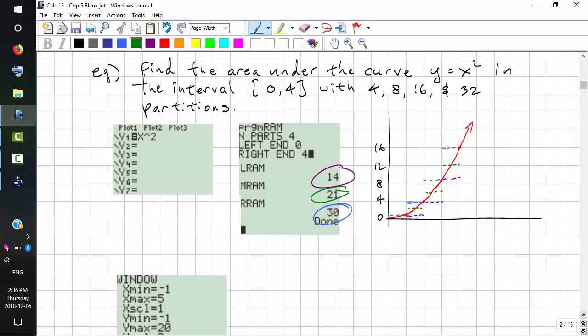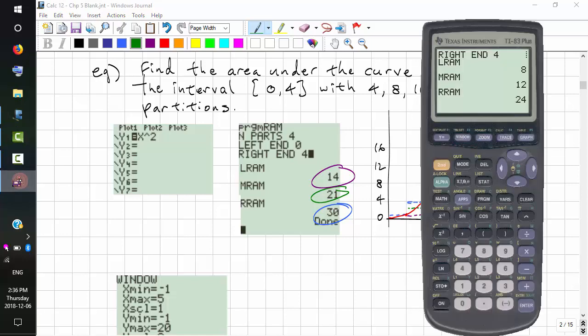Okay, let's take a look at another example. Find the area under the curve for y equals x squared in the interval 0 to 4 with partitions of 4, 8, 16, and 32. So let's load this up. We need to change the function. Clear, x squared. Second quit.